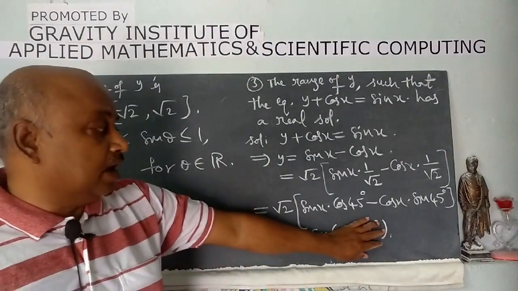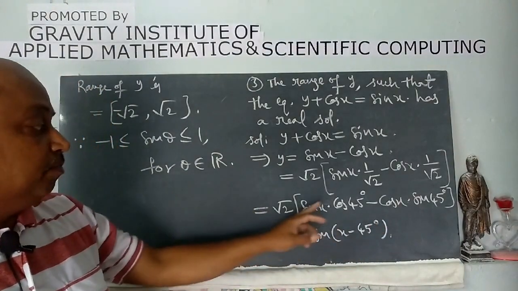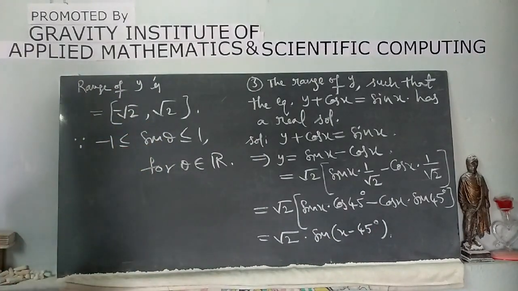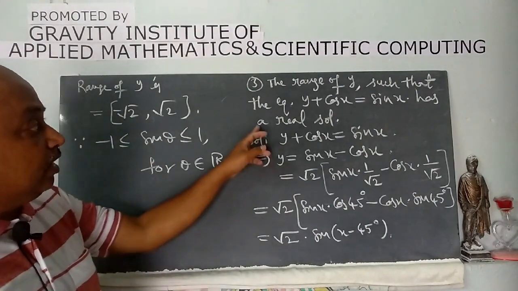So minus root 2 comma root 2 is the range of y for the given trigonometric equation which has a real solution.